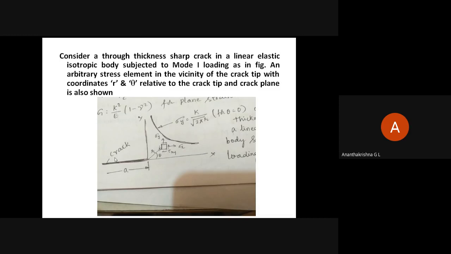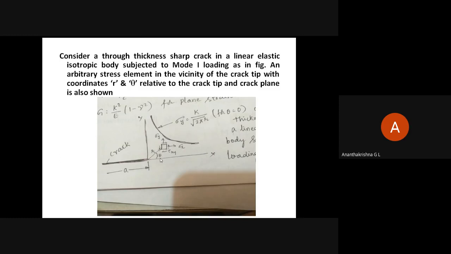So you agree with me? So there is a crack which is taken, which is essentially in linear elastic isotropic body, which is subjected to mode 1 type of loading. A stress element near the crack is taken with coordinates of r and theta.